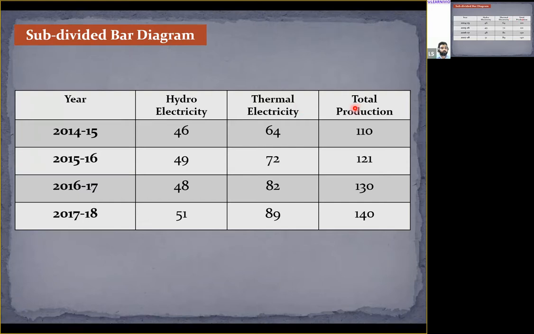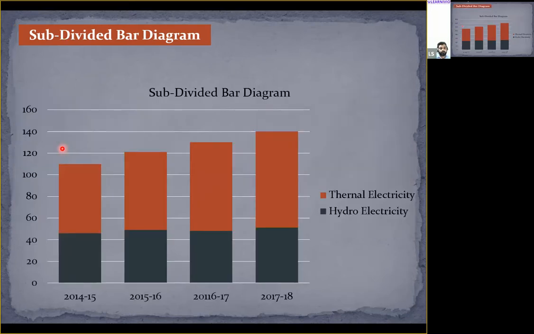And then we have the total column, total production. Collectively, hydroelectricity and thermoelectricity production is 110. So this is required to be presented in the form of a subdivided bar diagram. See, this is how the diagrammatic representation of the subdivided bar diagram will look.